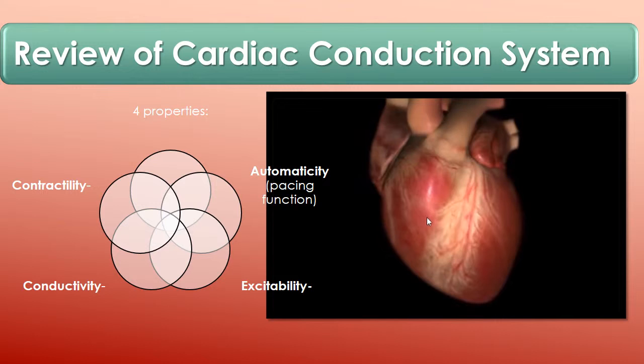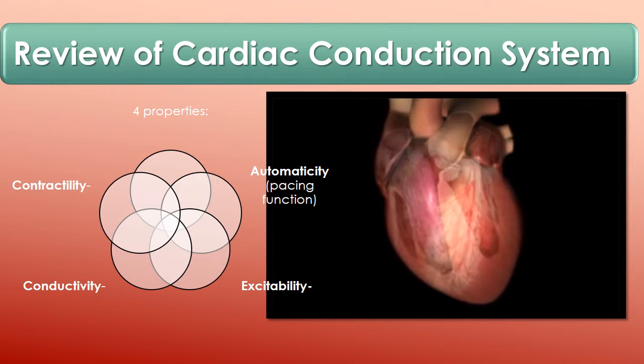They're capable of excitability, which is the ability of non-pacer cells to respond to electrical impulse. They are capable of conductivity, the ability to send an electrical stimulus from one cell membrane to another. And contractility: in response to the electrical stimulation, the cardiac muscle can shorten and contract and push blood through the ventricles.